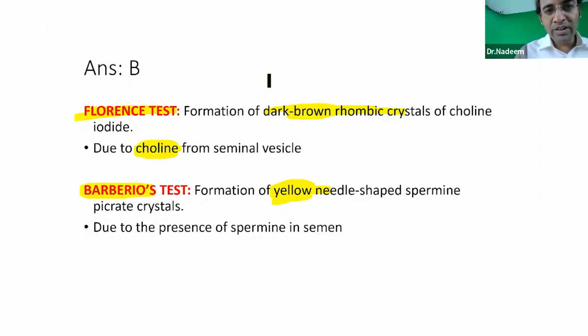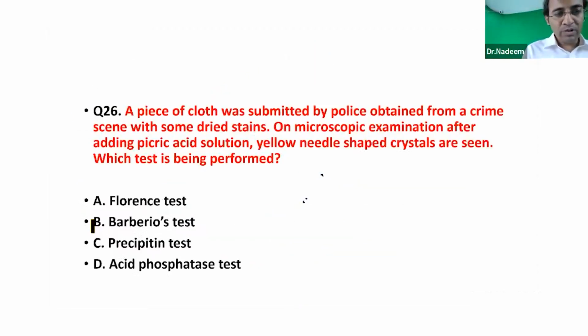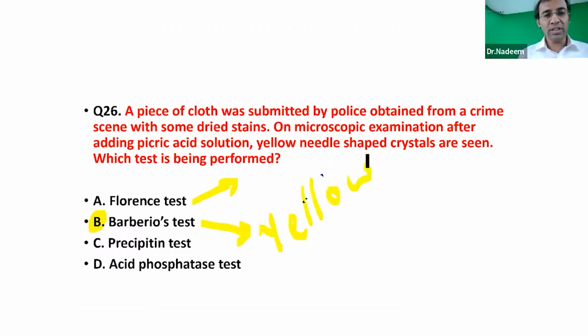FB: Florence, brown. BY: Barberio, yellow color. Yellow will be there because of the spermine. So yellow color is Barberio's test. Repeatedly asked question. Florence test, brown color. Barberio's test, yellow color. If you can remember this, this is more than enough to solve this question.